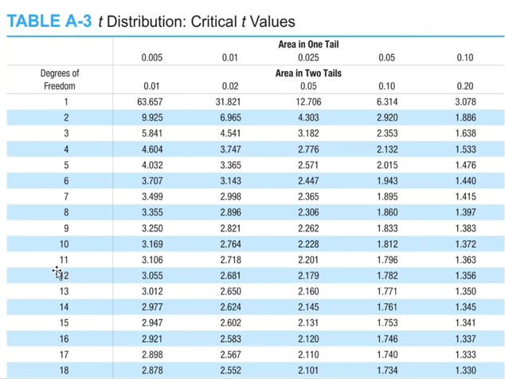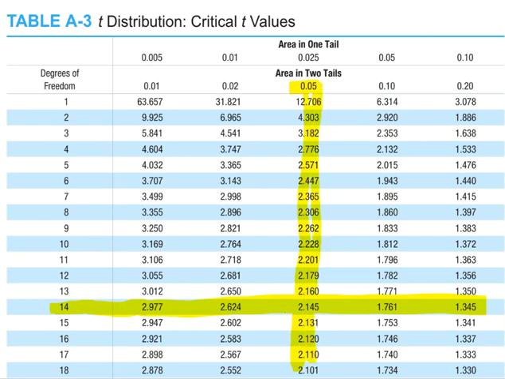I'm going to come over here and use the degrees of freedom. Actually, I'm going to use the highlighter. I have a degrees of freedom of 14. So I'm coming across here with the degrees of freedom of 14. Here's my area in the two tails. So I'm coming down. They cross at 2.145.